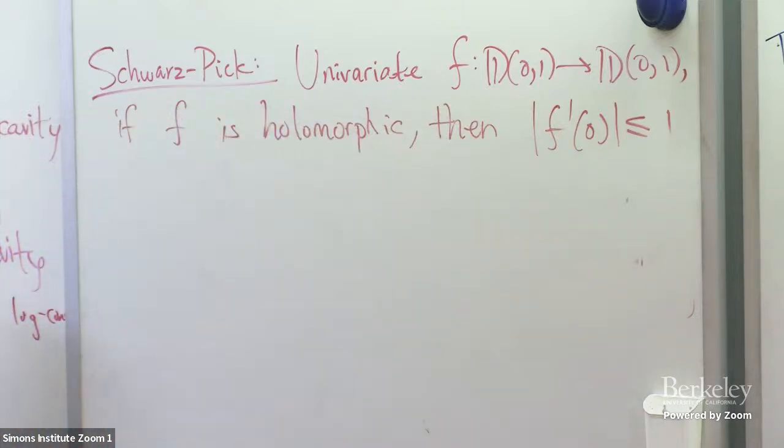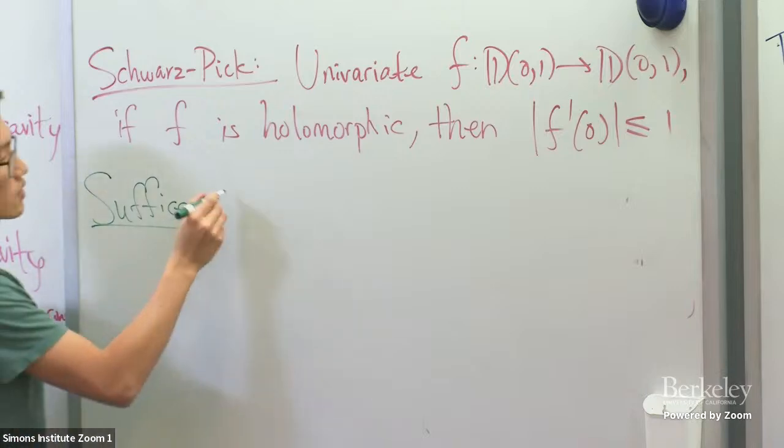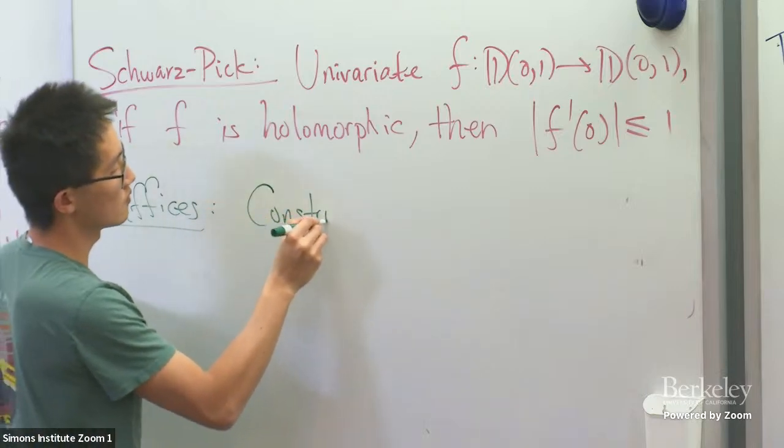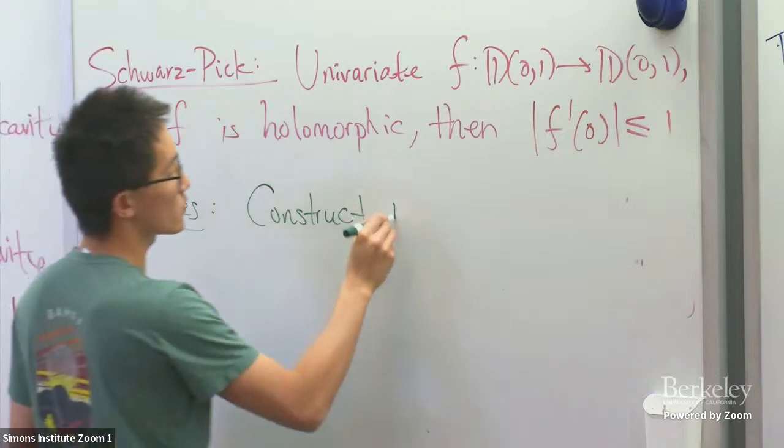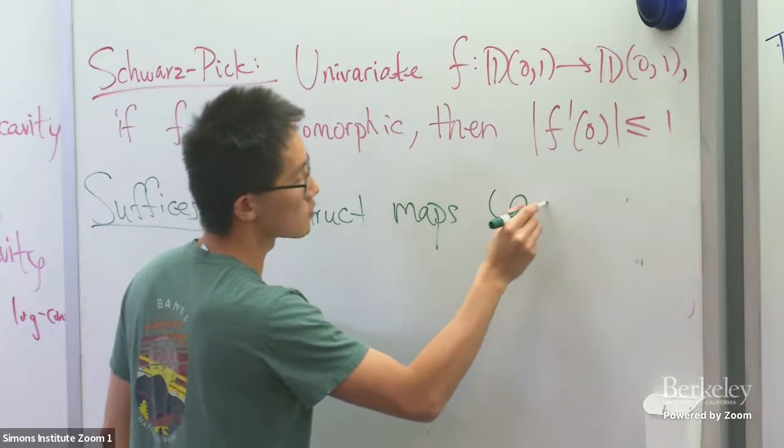So it suffices to construct, more formally, maps. Let's call them phi and c.